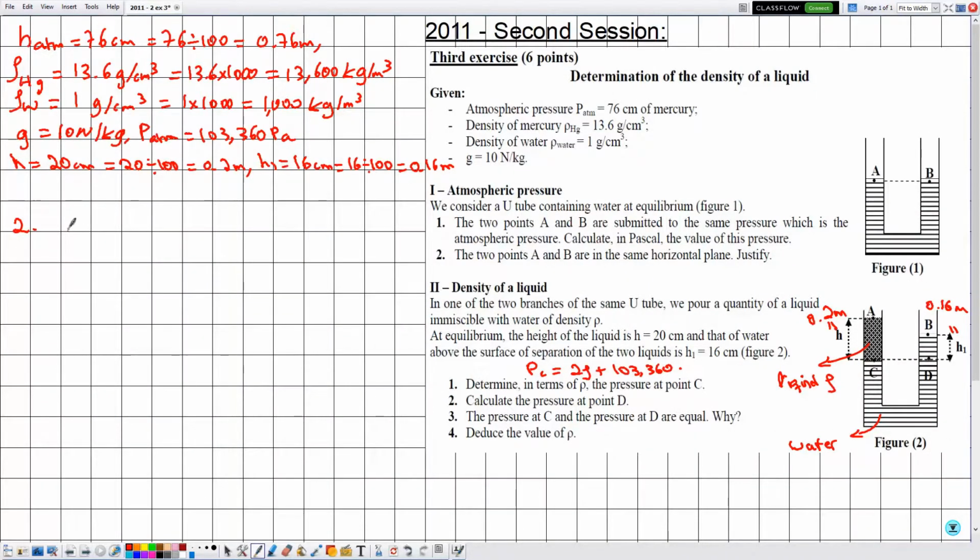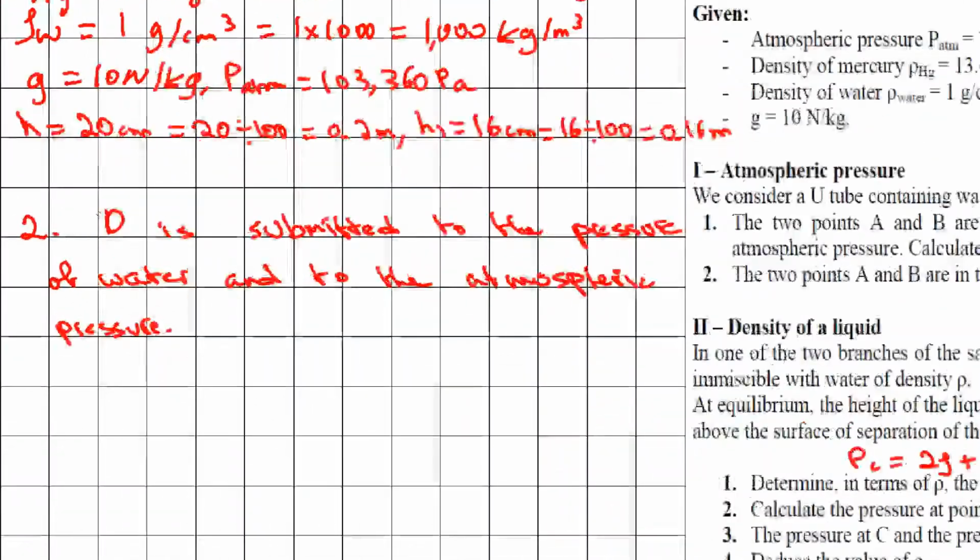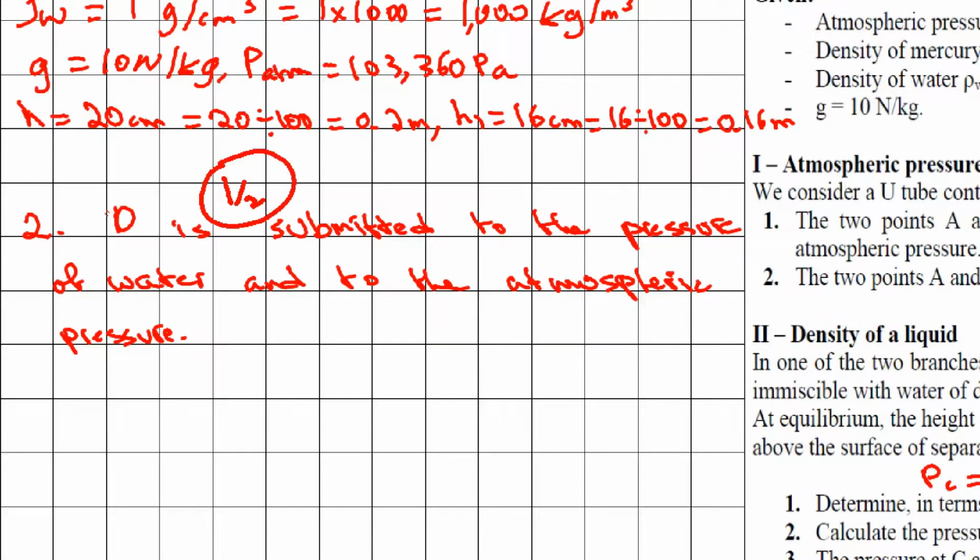Now let's say D is submitted to the pressure of water and to the atmospheric pressure. They usually give half a mark for this statement.